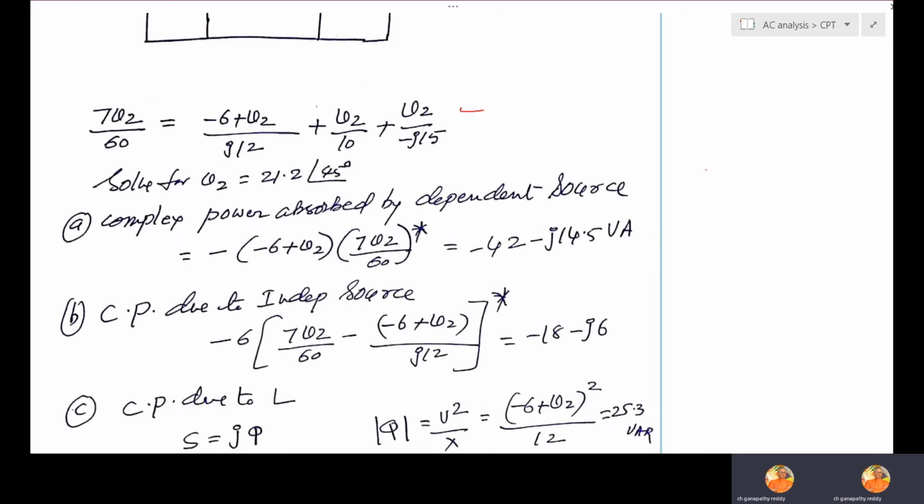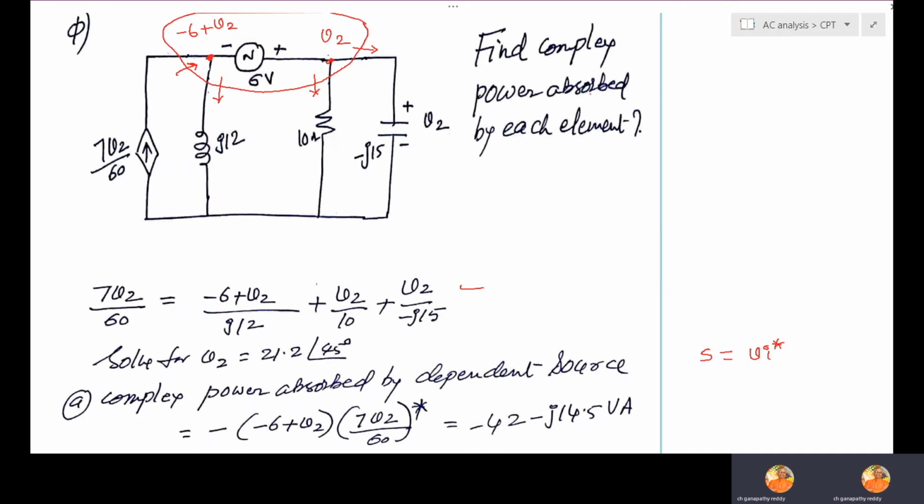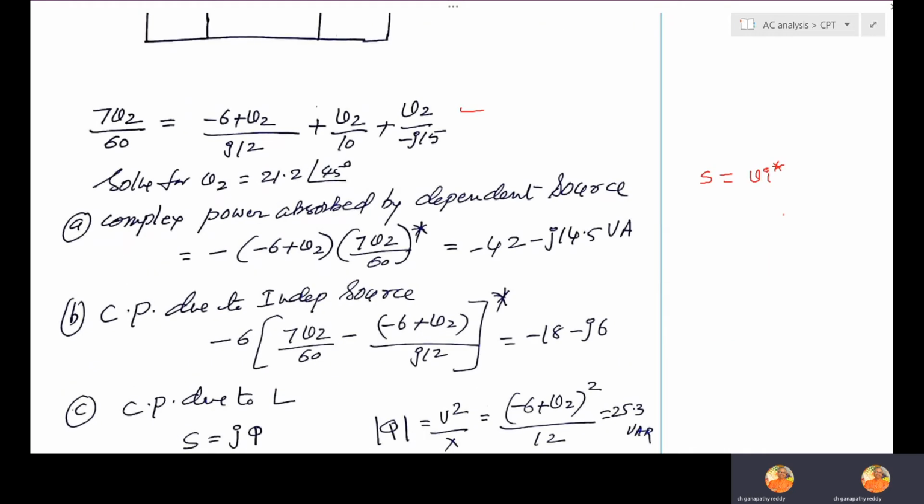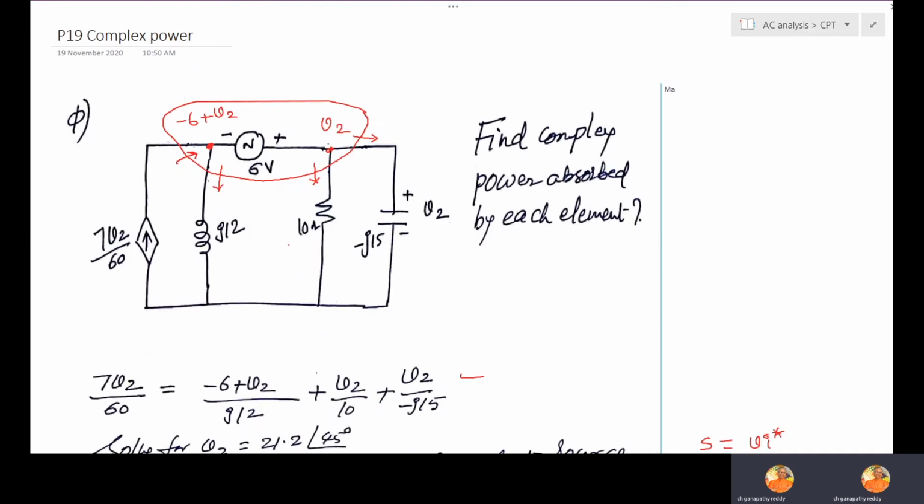But complex power is equal to V I star. And what is being asked? Absorbed. What is the sign convention? It's already discussed. If current flows from negative to positive, power supplied is plus V into I, and power dissipated or absorbed is minus V I. So what is the voltage across this?